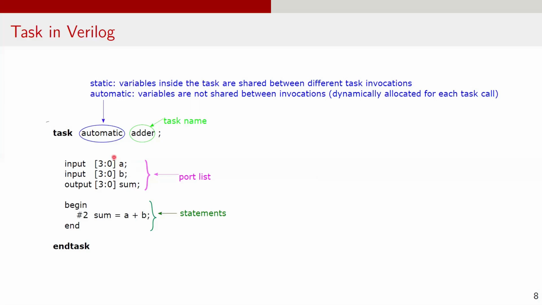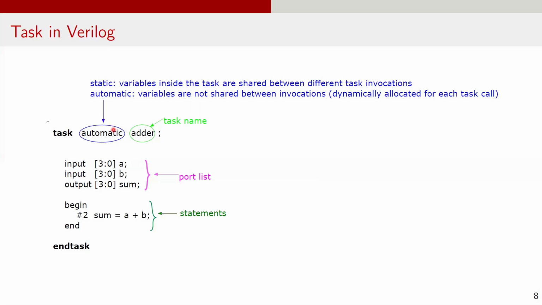A task begins with the keyword task and ends with the keyword endtask. The inputs and outputs are declared after the keyword task. If there are any local variables, those are declared after the inputs and outputs. Similar to a function in Verilog, a task can be static or automatic.